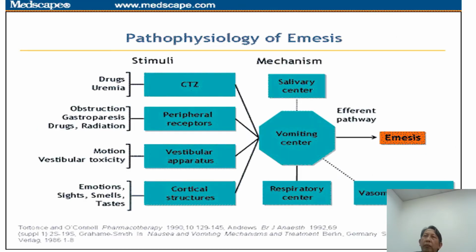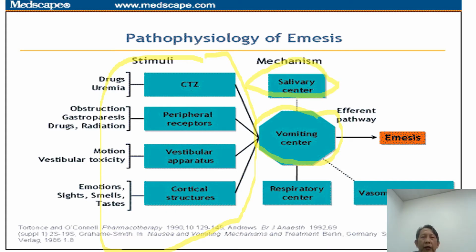The mechanism of emesis can be divided into three components: the afferent inputs, the CNS vomiting center, and then the efferents.